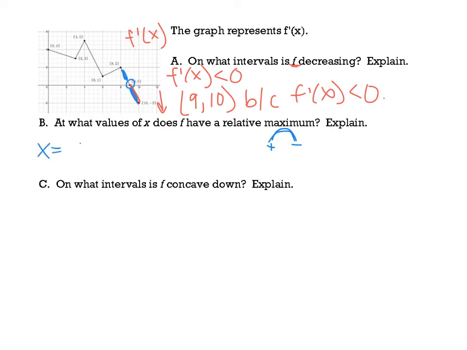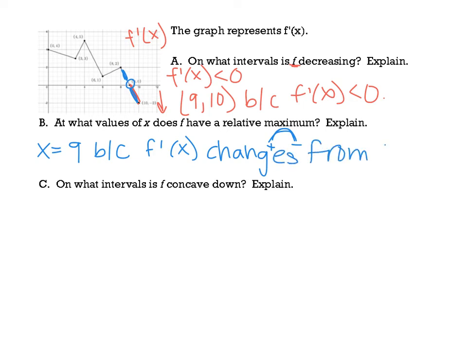So we're going to say x equals 9 because f prime of x changes from positive to negative. And you might want to actually write out the words. Just for sake of time, I'm doing abbreviations and symbols.